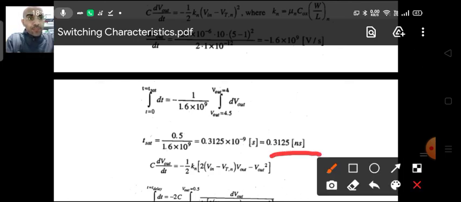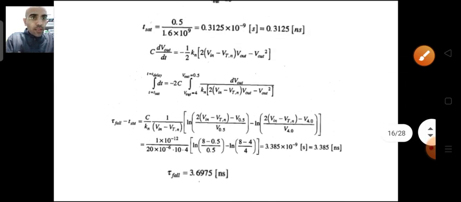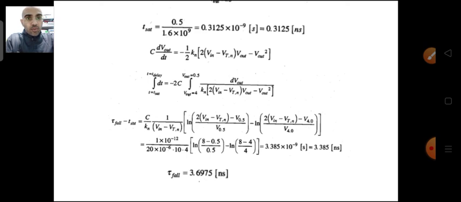So the total time, if you have to find it, will be the sum of these two. If you sum them up, 3.385 nanoseconds and 0.3125 nanoseconds, we can find the total fall time. So the total fall time will be 3.6975 nanoseconds.